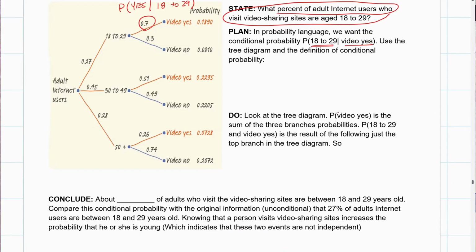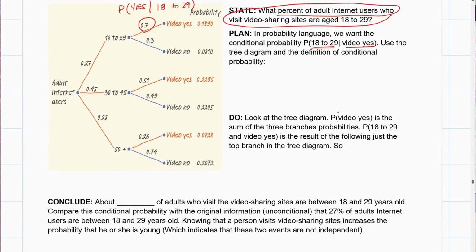So how are we going to do this calculation? Well, the probability of being young, given that you're a yes, would have to be the probability of being young and video sharing divided by the probability of video sharing. Now, first of all, this one's easy to calculate. It's right here, 0.1890.